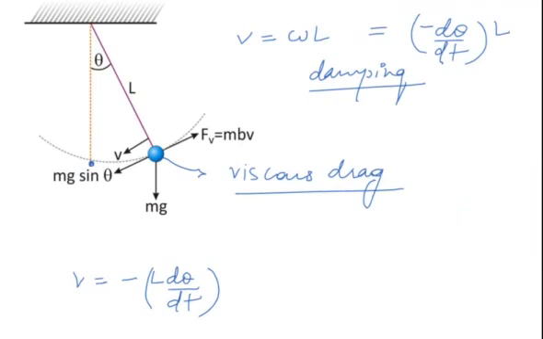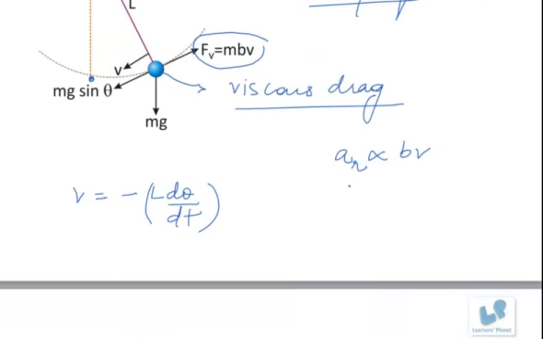Second is, it is given that the retardation due to viscous drag is directly proportional to velocity, where the constant of proportionality is b. So retardation a_R will be equal to bv. So the viscous force will be given by mass into acceleration, that is mbv.